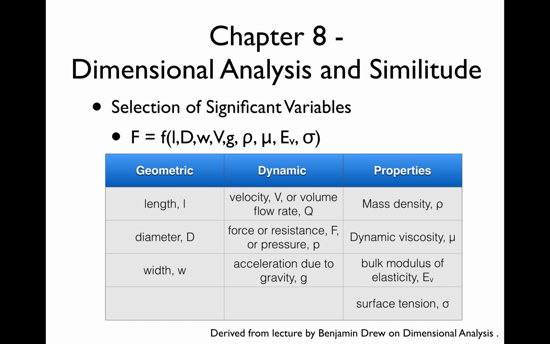And I also wanted to note that if you include all the variables we've been talking about, force on the left-hand side, and then force being a function of all these different parameters that we've talked about, length, diameter, well, in any case, if you count these up, you've got 10 variables.